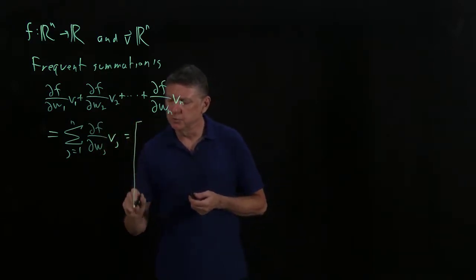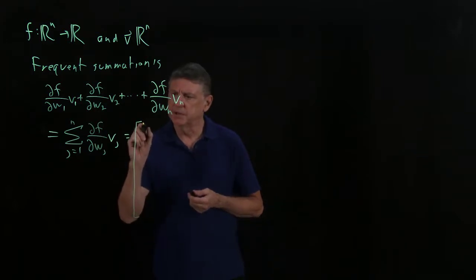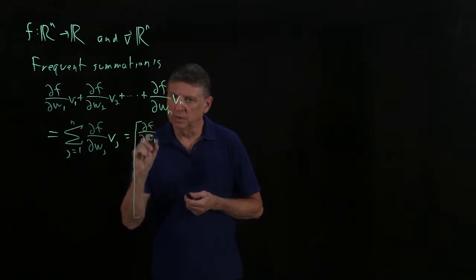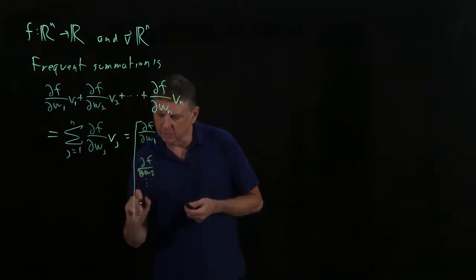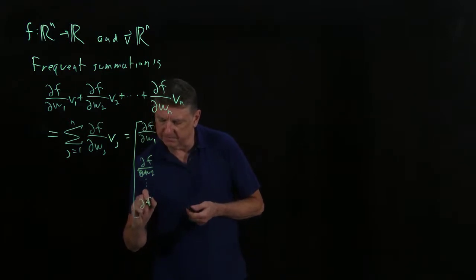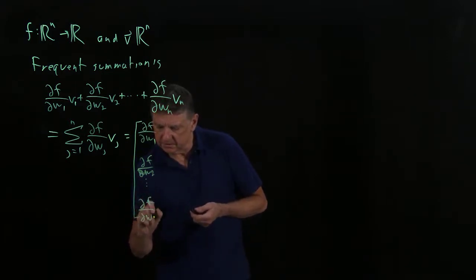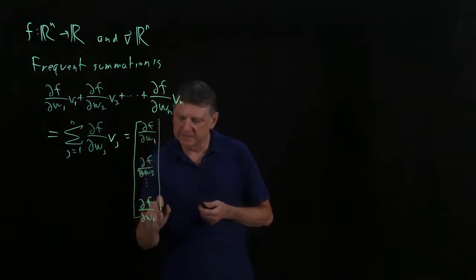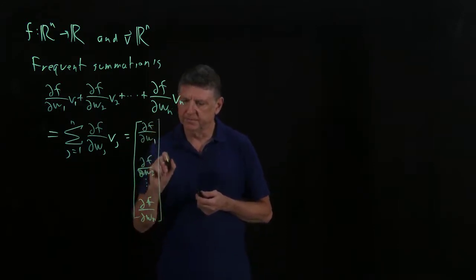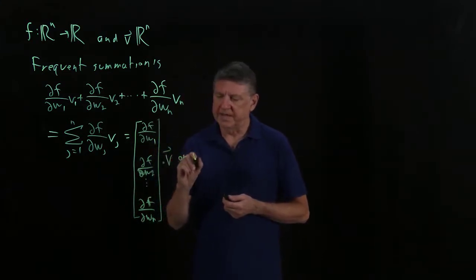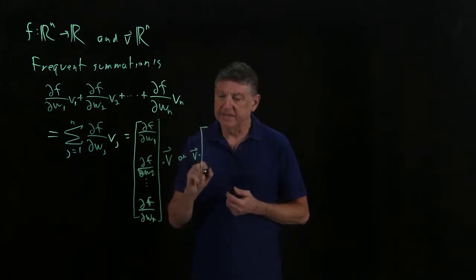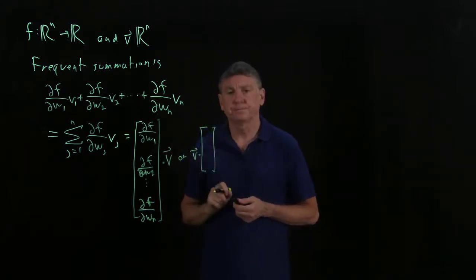So what we could do is we could write this as the partial derivative of the function with respect to w1, with respect to w2, and so on until we get the partial derivative of the function with respect to the nth variable. And we could say that that's the dot product with v.